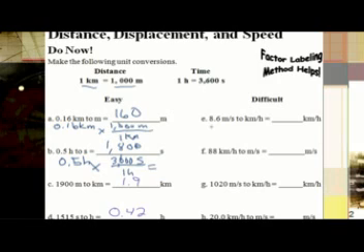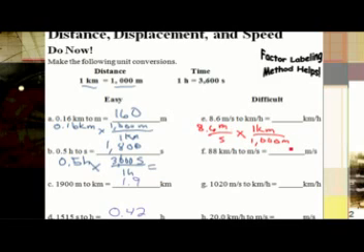For instance, we're starting with 8.6 meters per second. Our goal is to get to kilometers per hour. So what we must do is change those units to the proper ones. One of the first things I want to do is change that meters to kilometers. I know that there is 1 kilometer, and in that 1 kilometer there would be 1,000 meters.